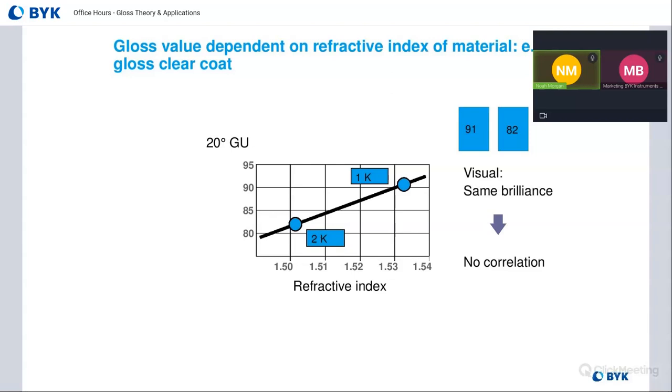What I was trying to explain was that the difference in these samples is the refractive index, so how much light is absorbed by each of these materials. One of them absorbs light differently than the other, and when you measure them with the gloss meter, because they're absorbing light differently, they're not reflecting the same, so they're going to read differently. However, they look visually the same, but they're different materials. It's something you want to think about if you're comparing results with a metal versus a plastic substrate.